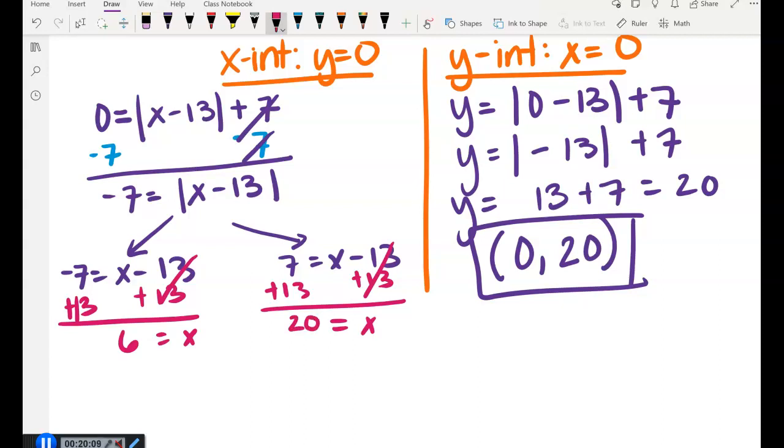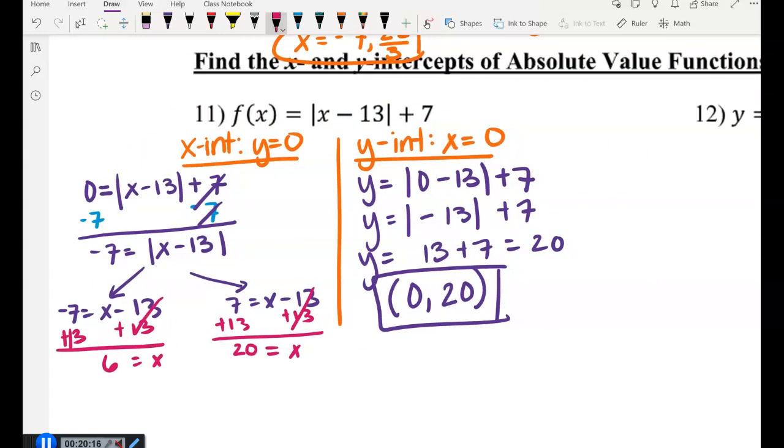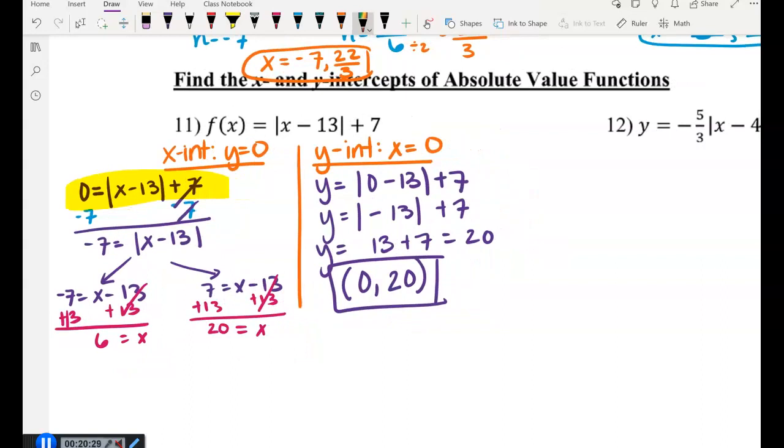Okay, great. Let's think about this for a second. Would you guys agree we got those answers by making that equation? True or false? We're going to check them to see if it's true. When we plug in 6, let's see if it equals 0. So 0, question mark, absolute value of 6 minus 13, close the absolute value, plus 7.